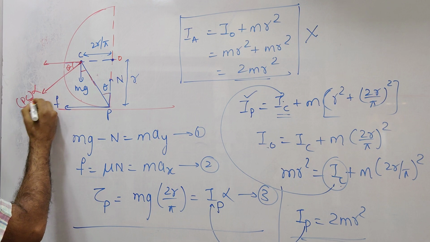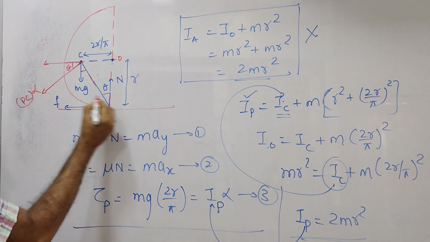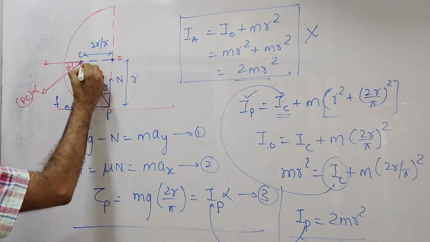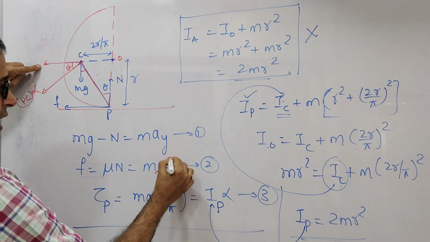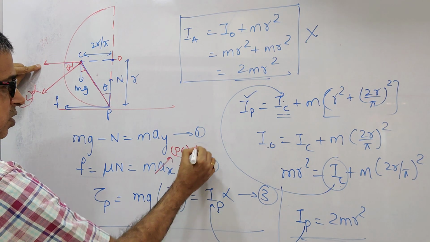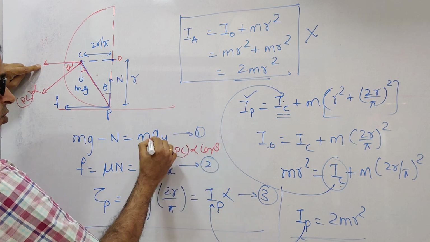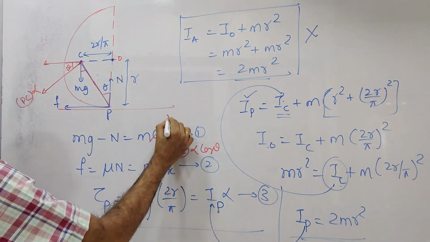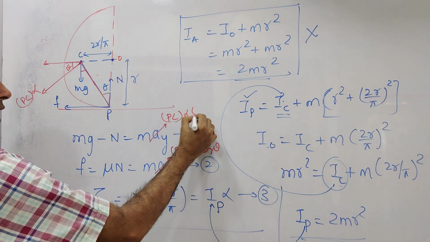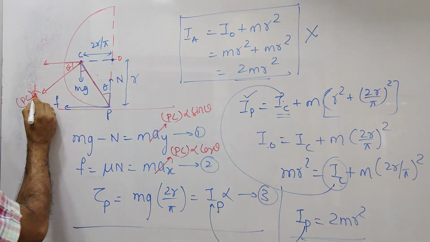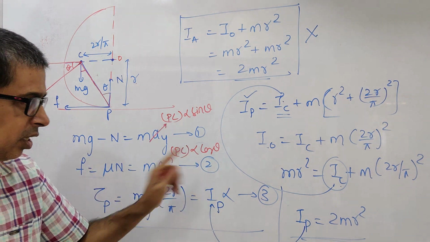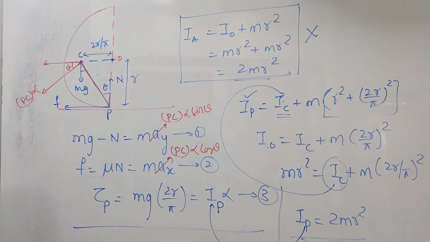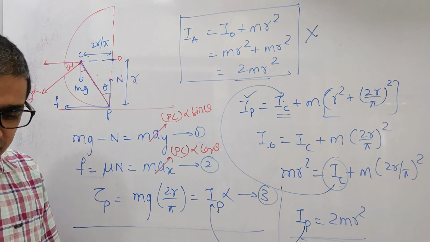Now this is R alpha. PC alpha. I am calling this distance as PC. Now in the horizontal direction, AX will be PC alpha cos theta. AY will be PC alpha sin theta. PC alpha's vertical component is AY, horizontal component is AX. Three equations, three variables.